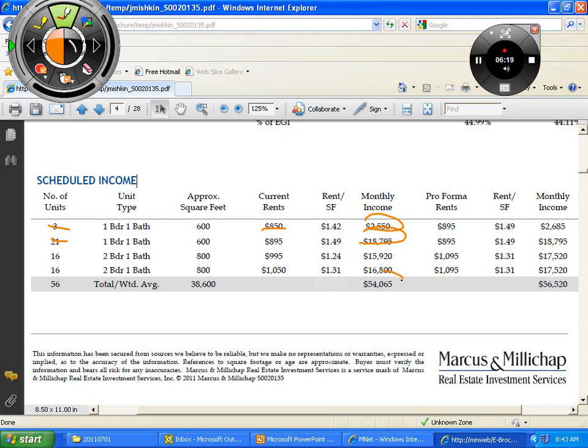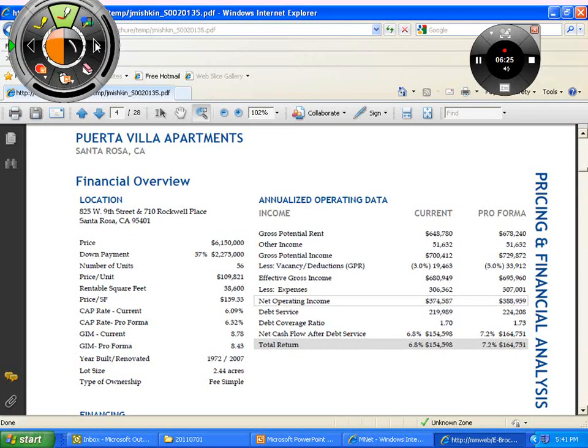Add it all up, you get the monthly income, which is multiplied by 12 to get our gross potential rent. We've got other income there added to that to get to gross potential income.